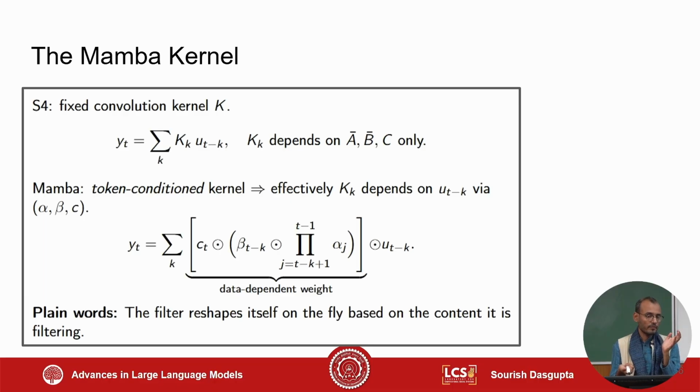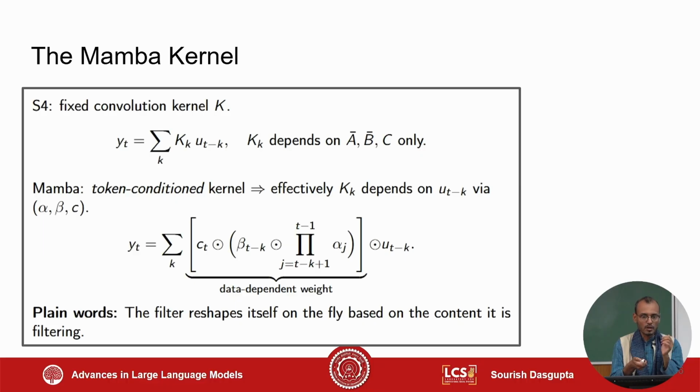Everything remains the same. If you look at S4, it's just that K multiplied by u t minus k, but over here, what is the K? Whatever I have as data dependent weight. Think of that entire thing in braces inside the summation as the Mamba K. That is multiplied by u t minus k, which is the same as S4.